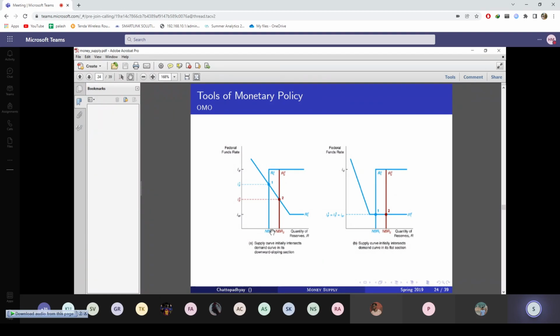Central bank purchases bonds from the commercial bank. Reserves rise, so the reserve supply curve shifts rightward. Market clearing point is 2 over here, with market clearing interest rate IFF2, reserves NBR2. Implication: rise in money supply.